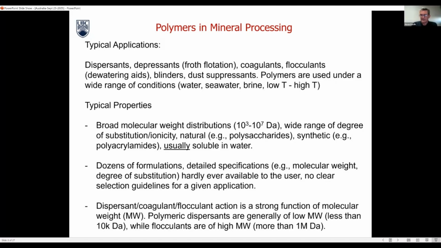Whether it's a dispersant or a flocculant is a function of molecular weight. Generally speaking, dispersants will be of low molecular weight, and flocculants and coagulants used in dewatering will typically be of much higher molecular weight than dispersants. But again, polymers of the same class, depending on the molecular weight, can function as dispersants or as flocculants.